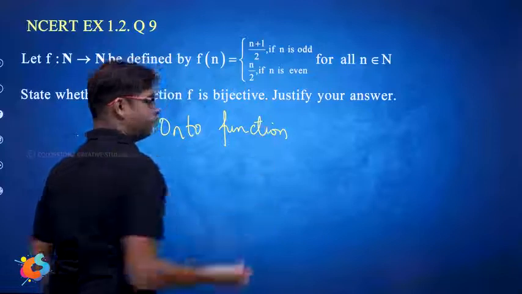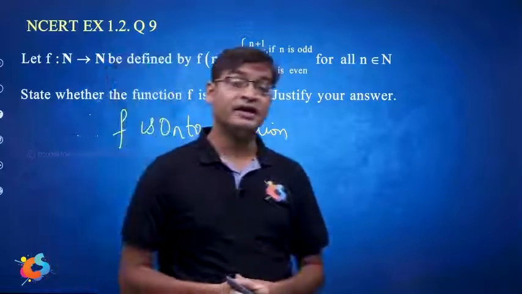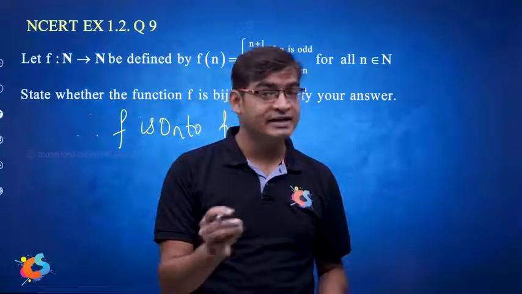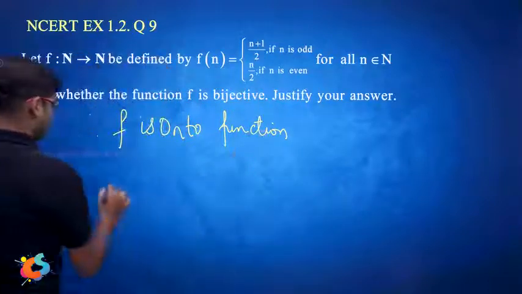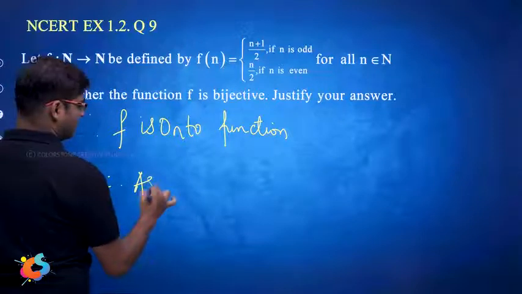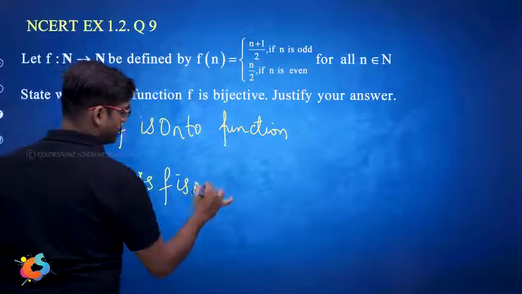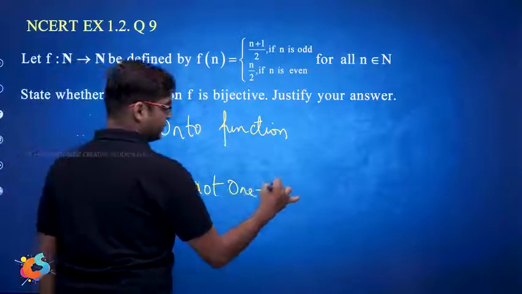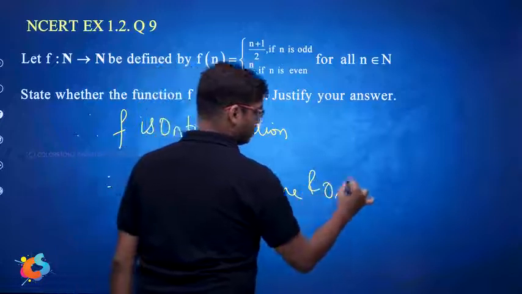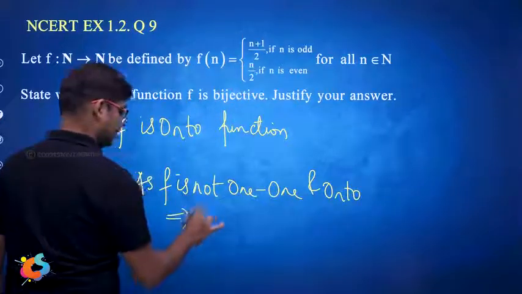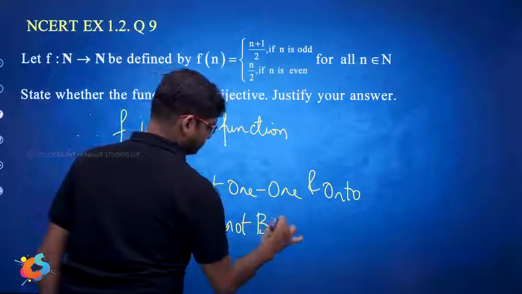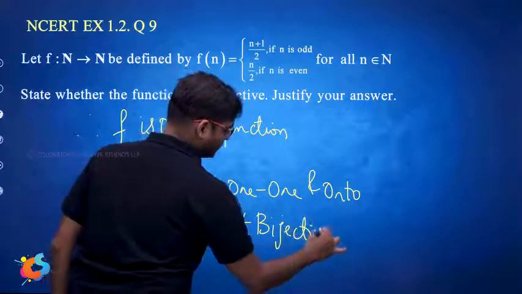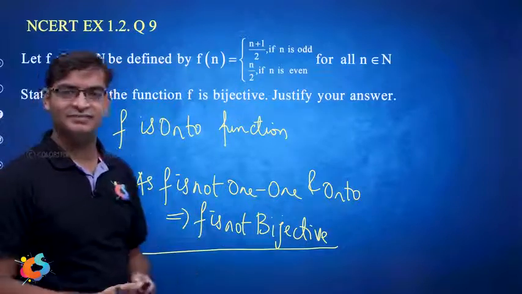In this way we have proved that this is not 1-1 but onto. So as f is not 1-1 and onto, f is not bijective. Okay, clear?